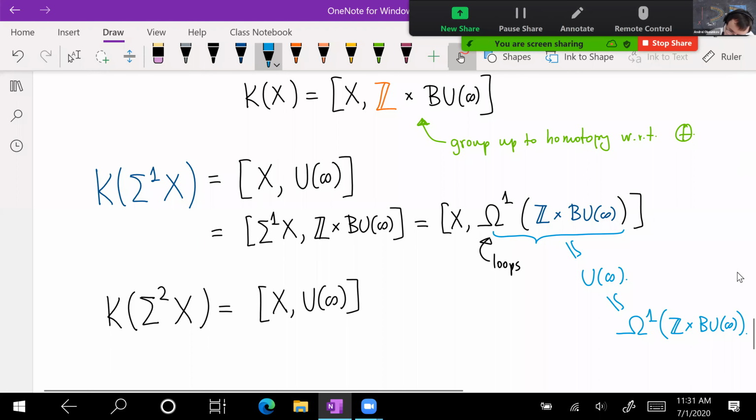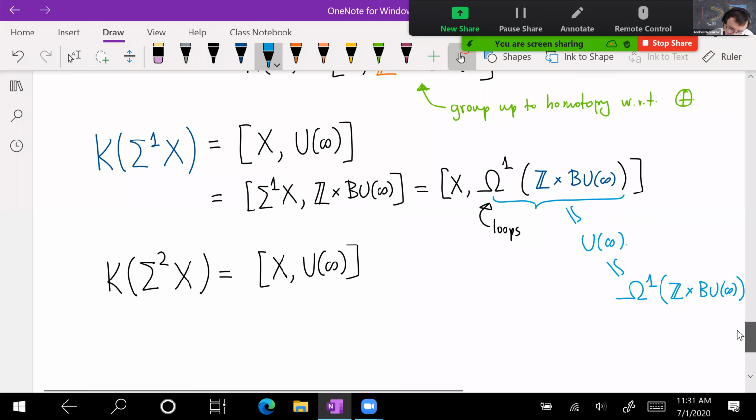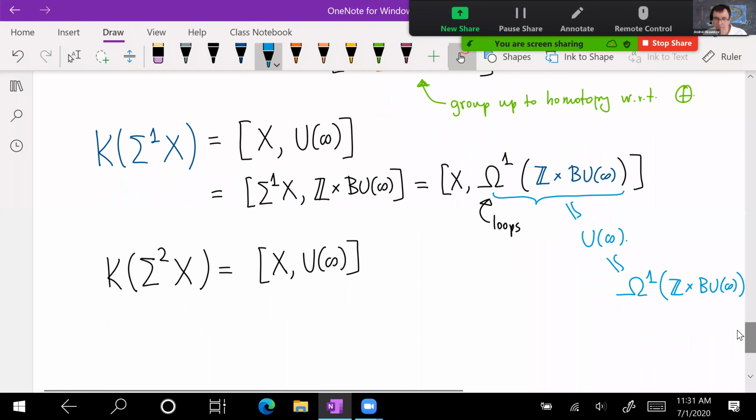So incidentally, okay, that's the statement about periodicity. Now, what's elliptic homology?